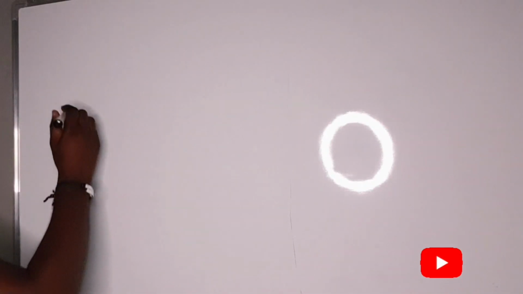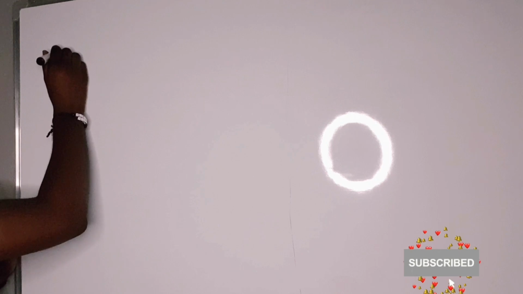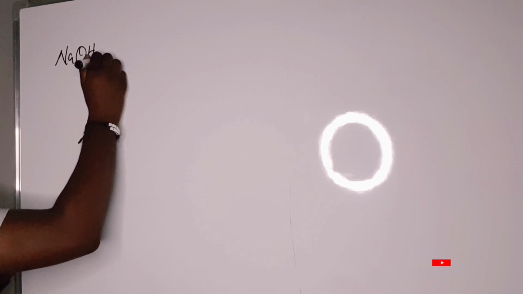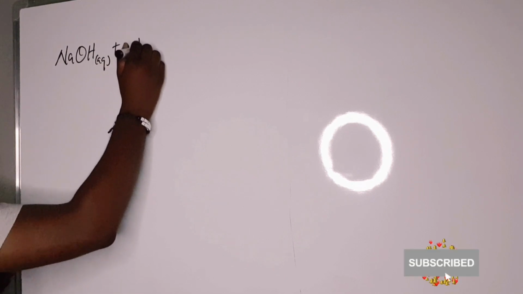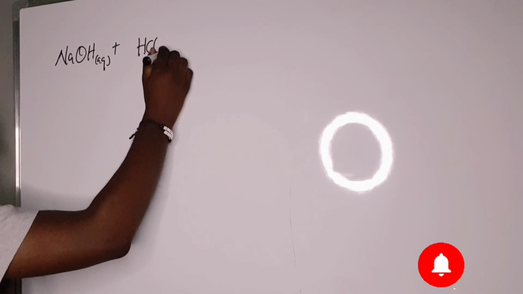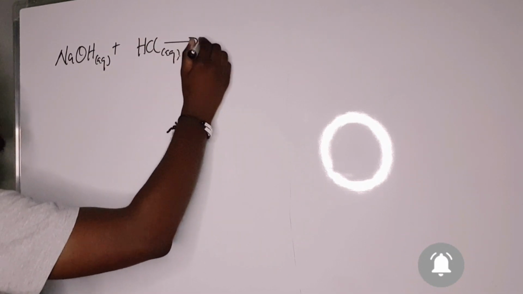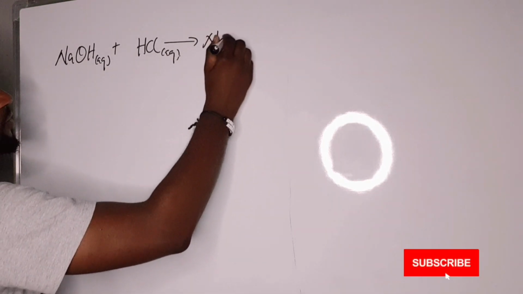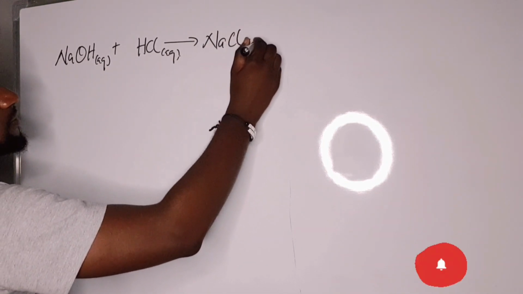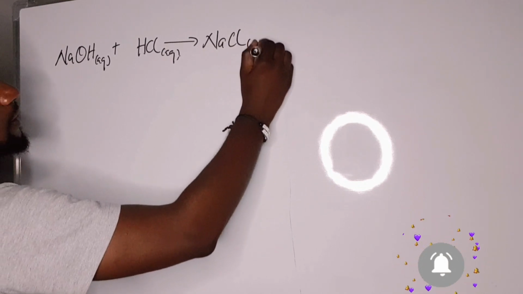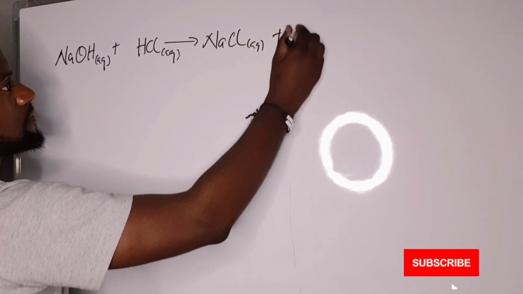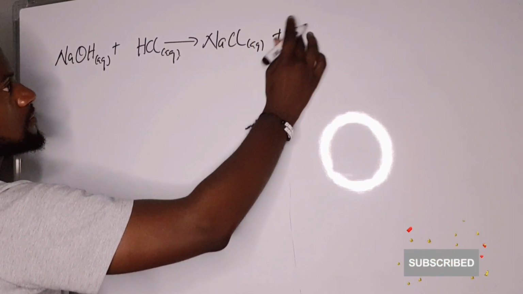We can also look at this reaction where we have sodium hydroxide reacting with hydrochloric acid to give us sodium chloride and water.